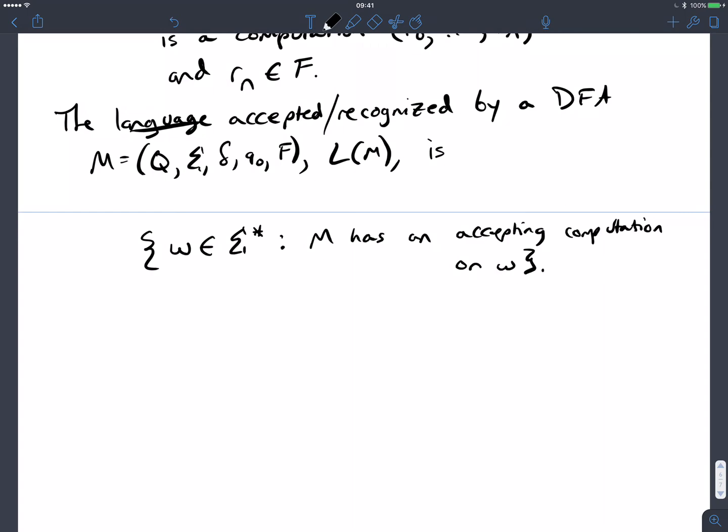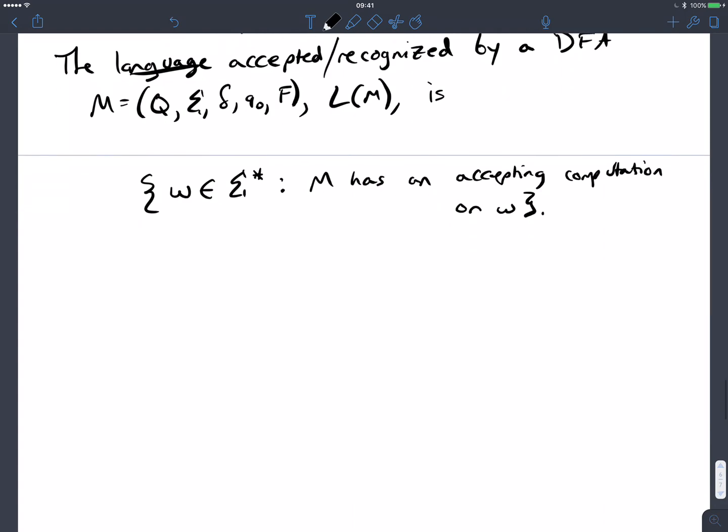So M has an accepting computation on W means we accept it, so therefore we put it in this set L of M, the language of M. So it's just all the strings that this machine happens to recognize. Okay? And we'll do an example, I promise, if we have time.